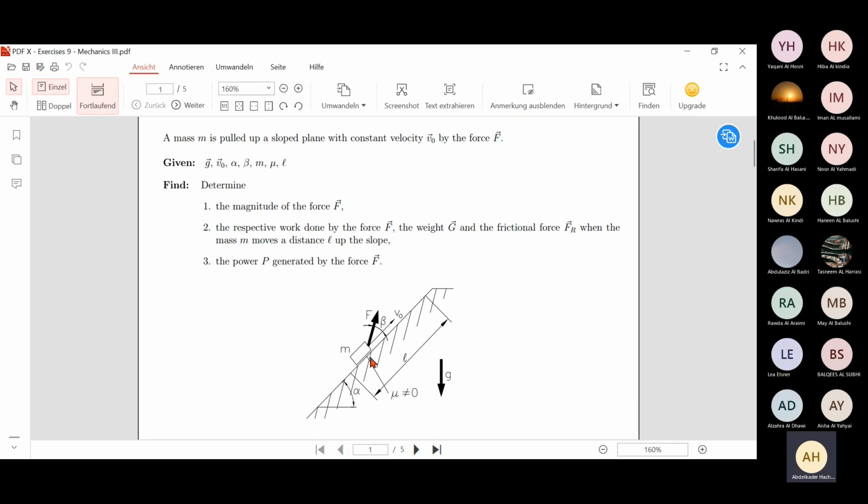There is friction between the plane here and the mass M. And here the covered distance, let's say L.